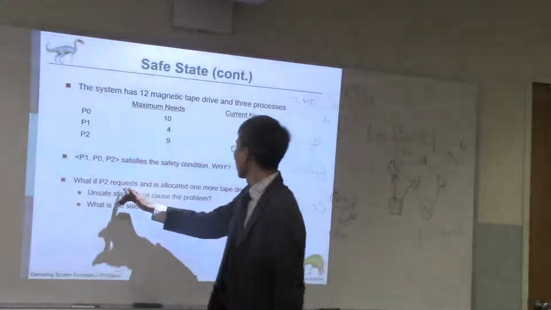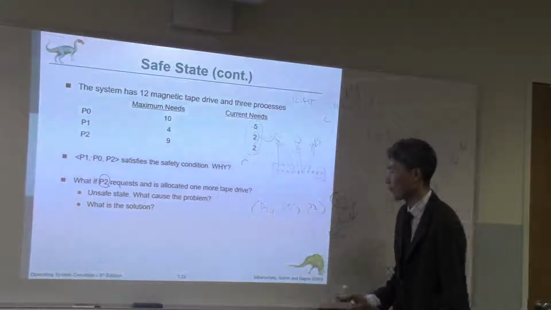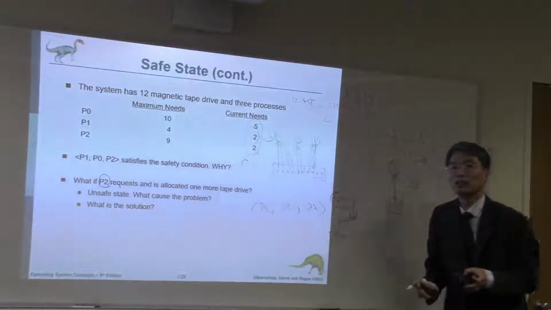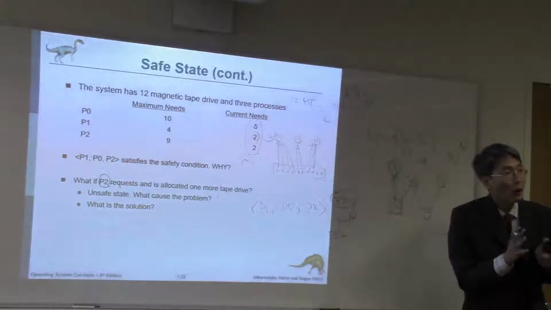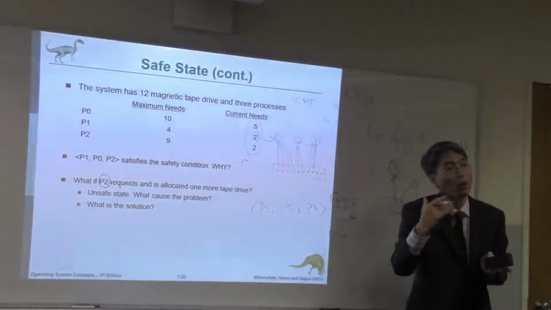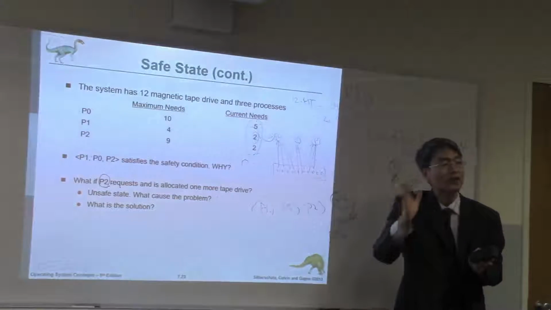What if P2 requests one more tape? Before we allocate, deadlock avoidance checks whether this request causes a deadlock or not. In other words, whether the resulting status is a safe state or not.